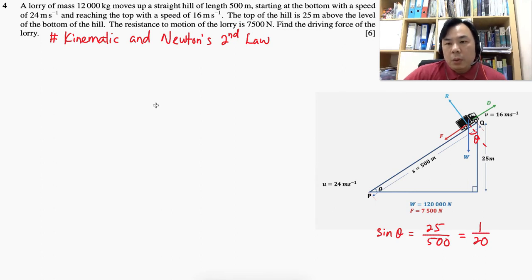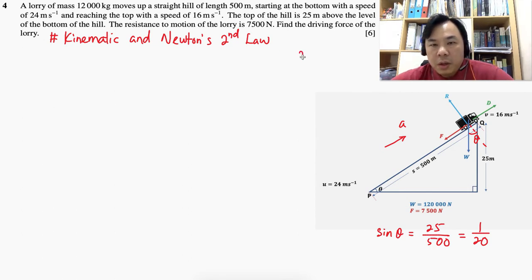Okay, how are we going to deal with this? Now first of all, we will need to figure out what is its acceleration up the hill. Now, of course, I shouldn't be using the word acceleration here since there is a decrease in the speed itself. Most probably, you will encounter a negative value for the acceleration, which basically refers to deceleration here. Now to do that, I will make use of one of the SUVAT equations.